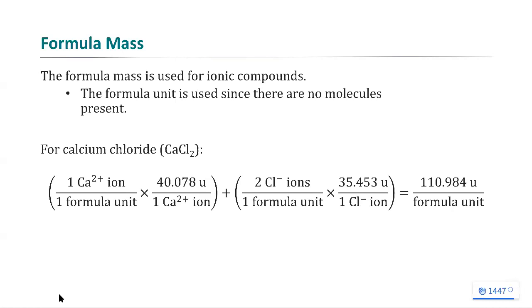But we can get the same kind of idea. If I have a formula unit of calcium chloride, I can see that there's one calcium in it that weighs 40.08, two chlorides that each weigh 35.45. If I put them all together, I get 110.98 as the total mass of that particular formula unit.